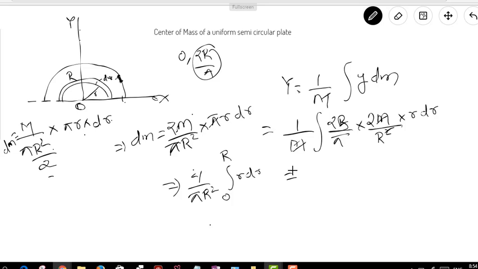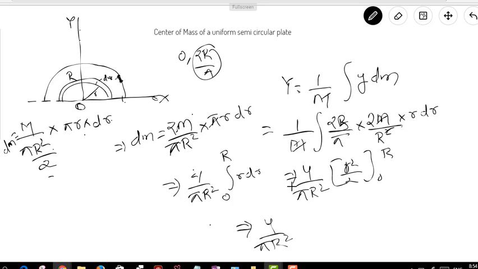So this will become 4 by pi r square by 2, 0 to r. So this will become 4 by pi r square by 2 into r square by 2.